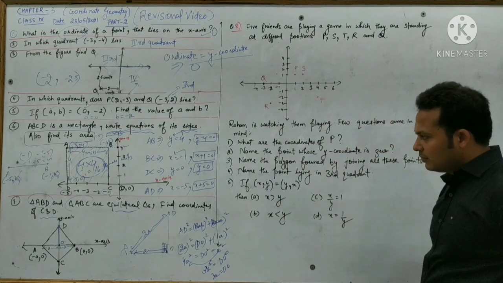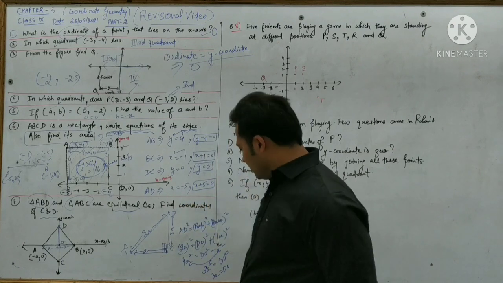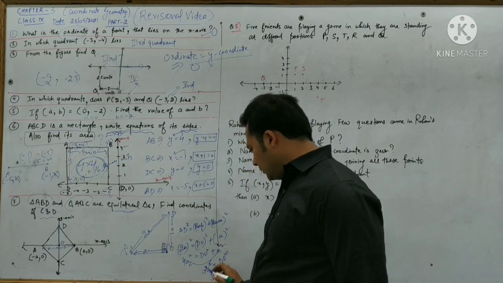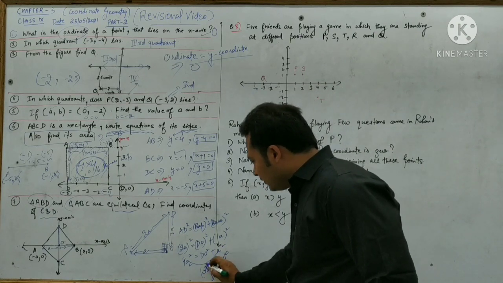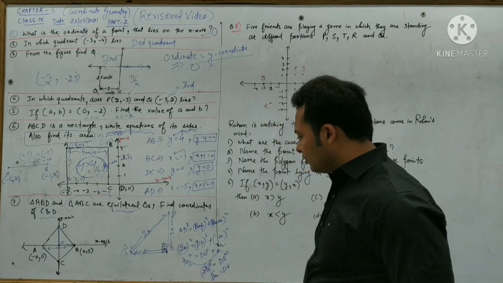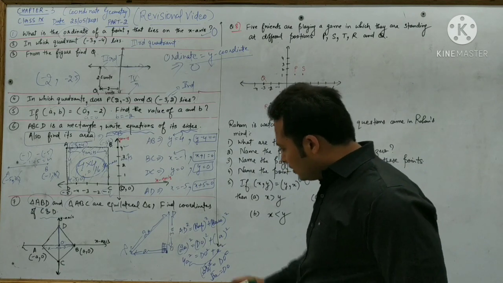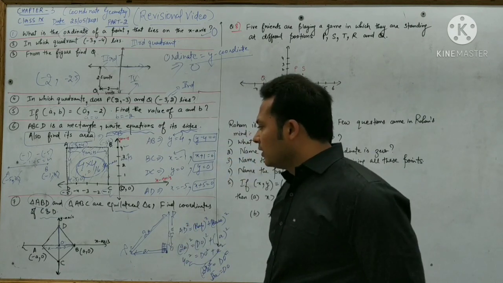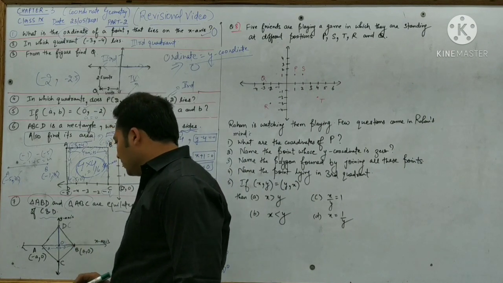Okay. This length is root of 3A बच्चे. The square of root 3A is DO square. So the length of DO will be root 3A.